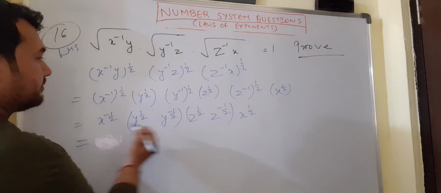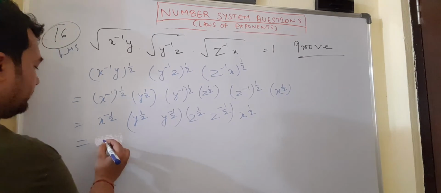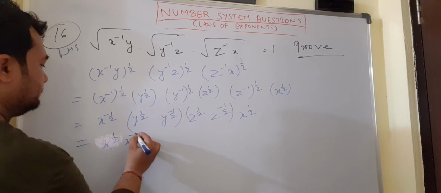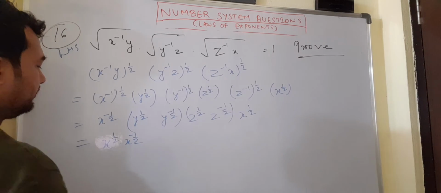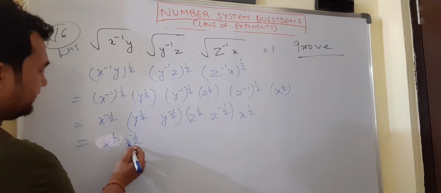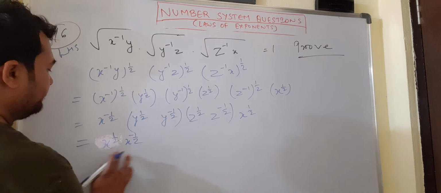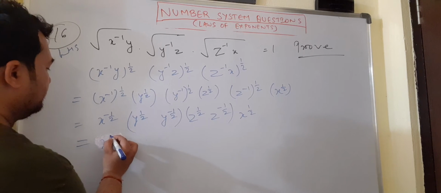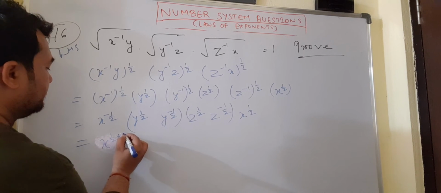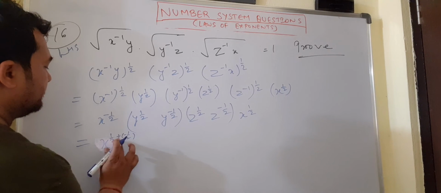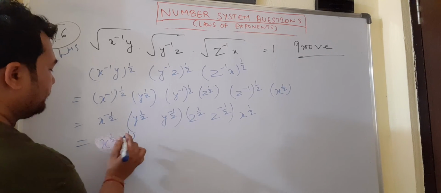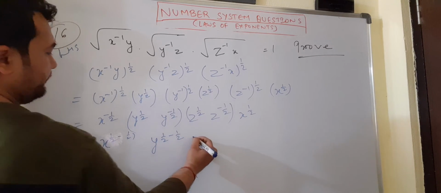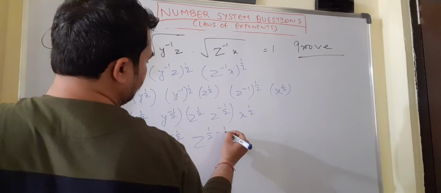Here you have x to the power minus 1 by 2, here you have x to the power 1 by 2. So you can arrange it like this, and later on, since the bases are same, powers will add up. So bases are same, powers will add: 1 by 2 plus minus 1 by 2, and this will be minus 1 by 2. Similarly, y 1 by 2 and minus 1 by 2, z 1 by 2 and minus 1 by 2.